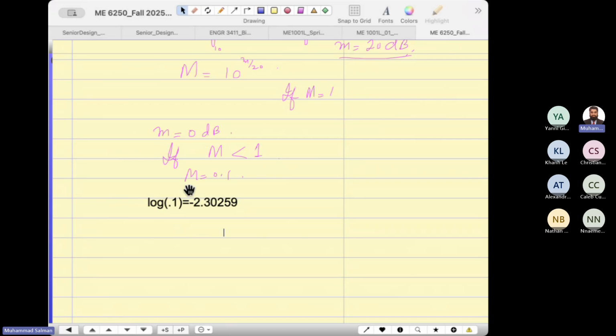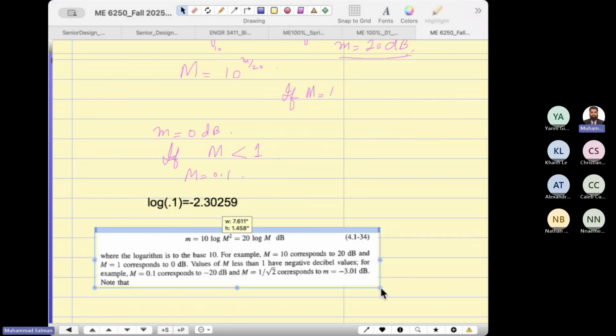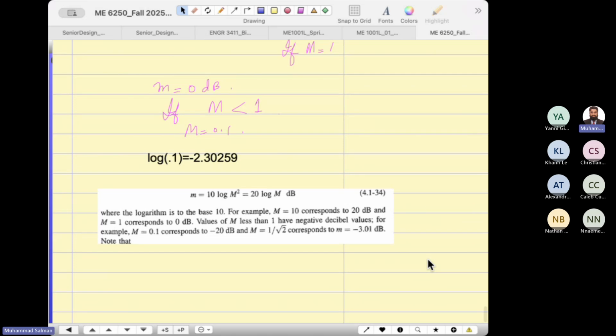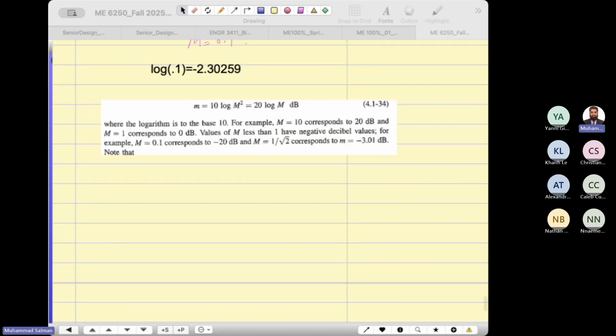When the value of the dB is -3, then below -3 you're going to remove it from there.